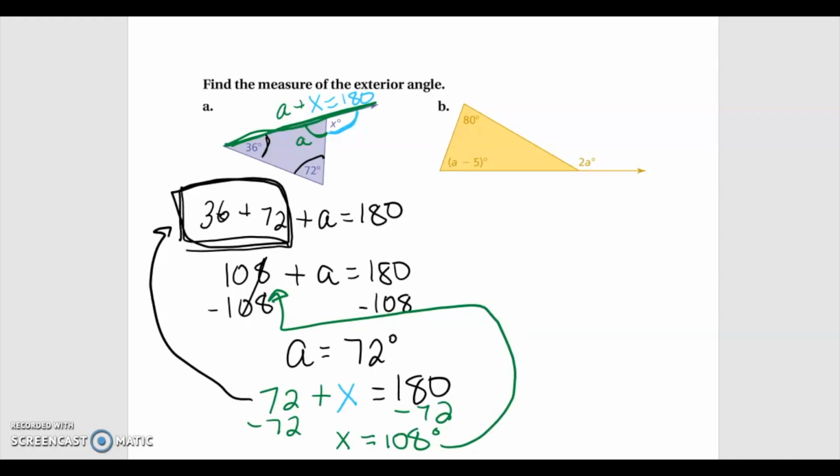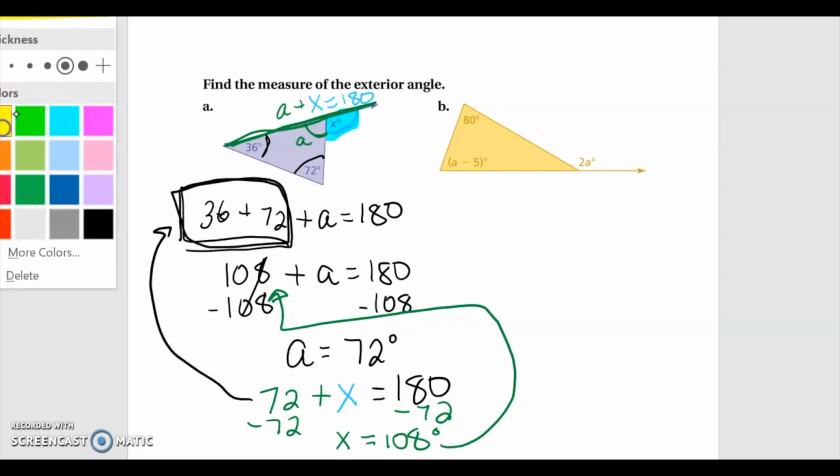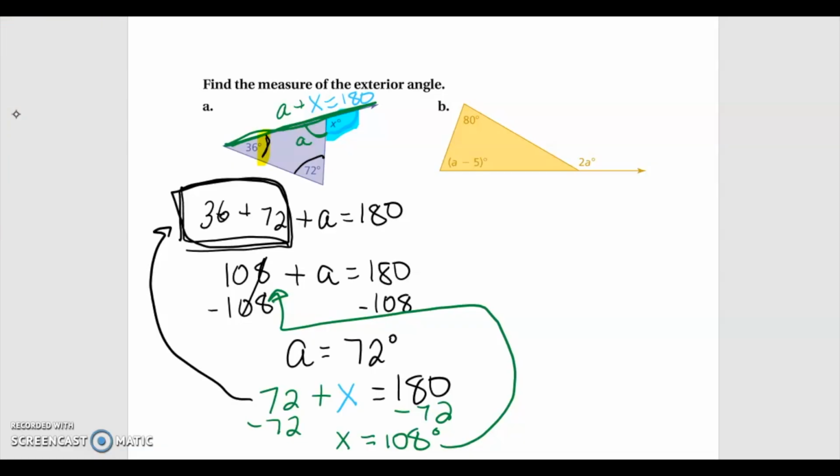So there's a rule about the exterior angles. The exterior angle, this angle here, is equal to the sum of the two interior angles that are not adjacent to it. So these two over here.